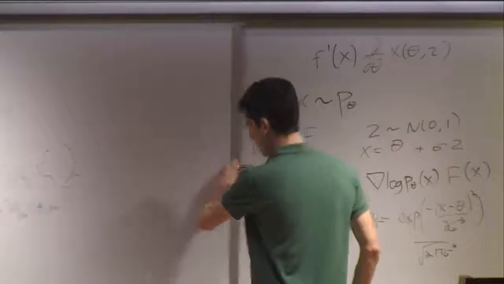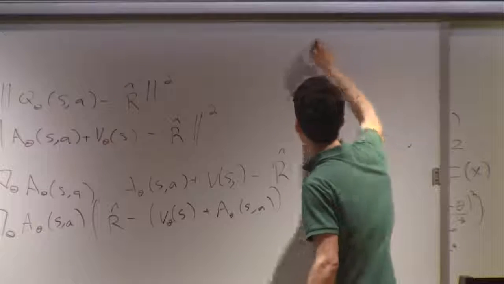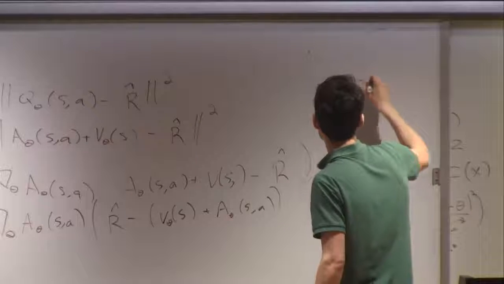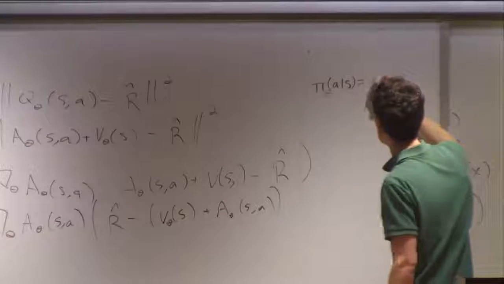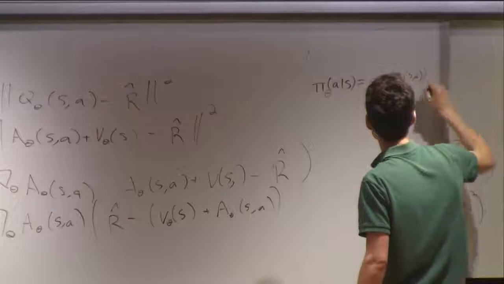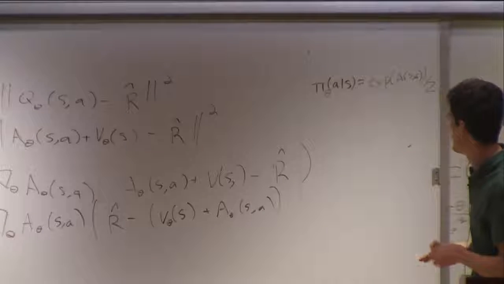Now let's look at the policy case. Let's define our policy as the exponential of the advantage function, divided by some kind of normalizing constant, which is different at every state.